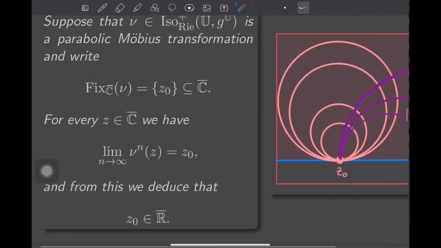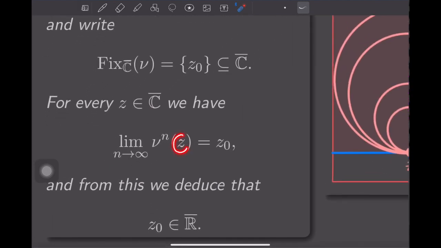But so you see, in particular, for the points in U, one has this, right? So Z0 has to be in U bar, because otherwise there would be some point in U for which some iteration leaves U, kind of falls outside U, in contradiction to the fact that nu preserves U bijectively. So Z0 has to be then in U bar.